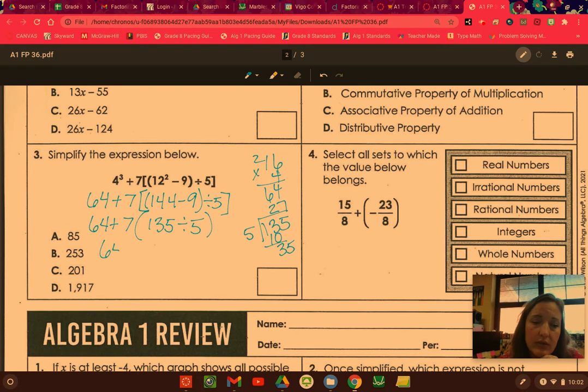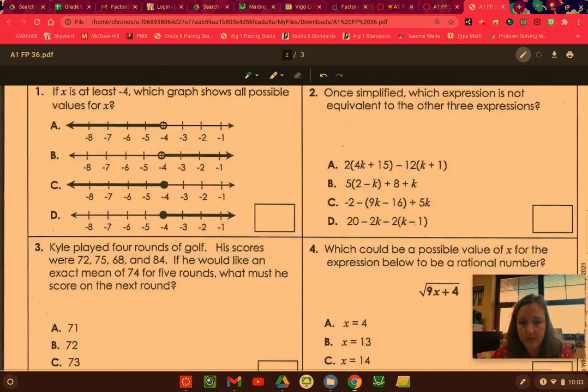So 64 plus 7 times 27. All right, so I'm going to leave you this to finish. Take 7 times 27 and add that to 64, and you'll get your answer. Okay, so then let's go down a little bit further.